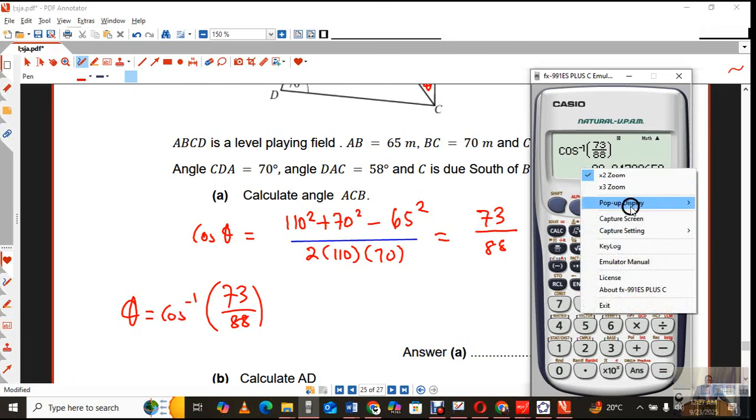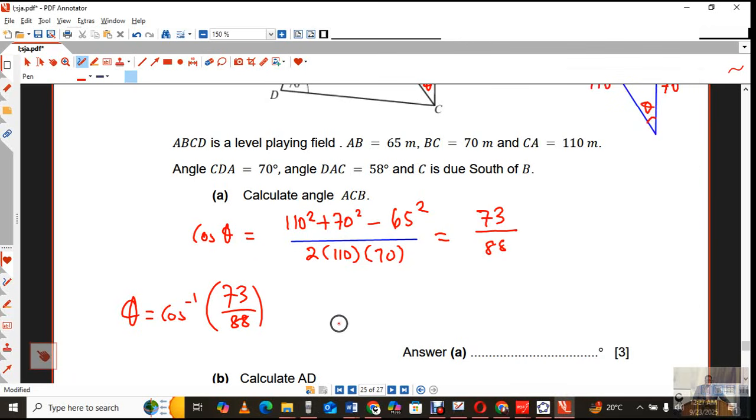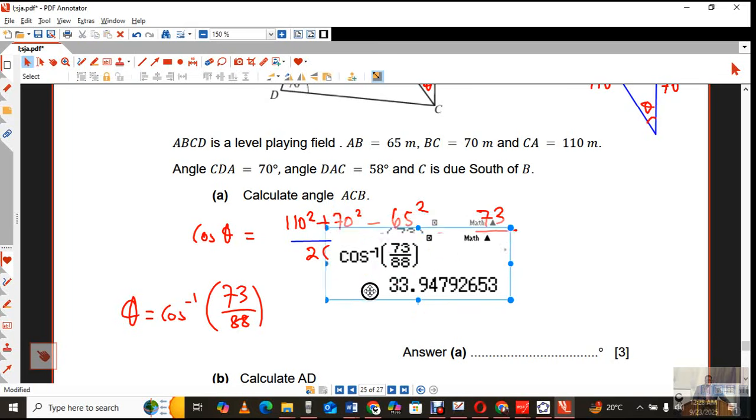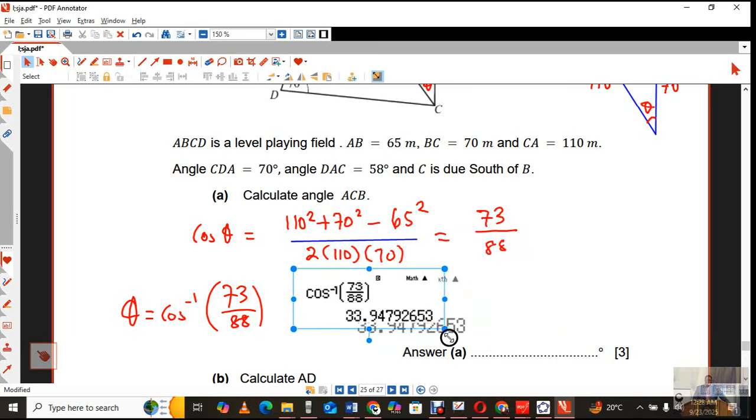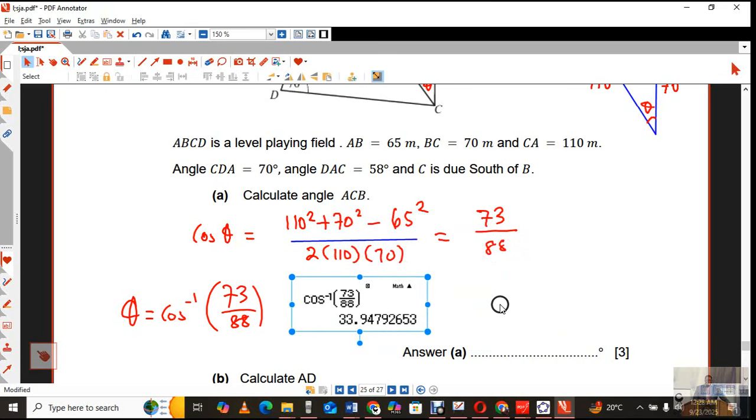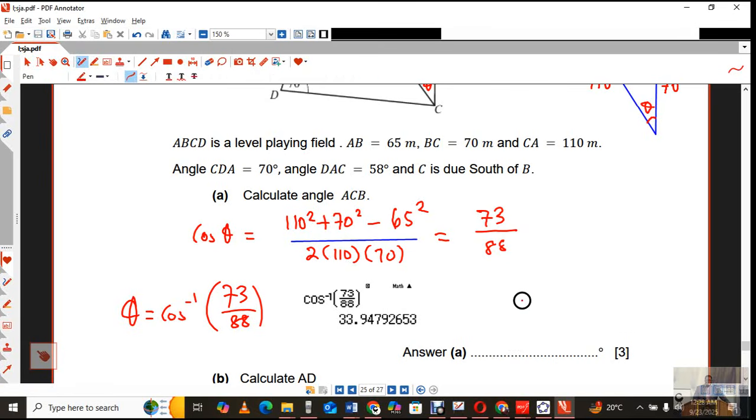Let me just take a screen capture of that, paste it over here. Right, so I get that angle to one decimal place. Then they say give your angle to one decimal place, remember. So this is going to be 33.9 degrees.